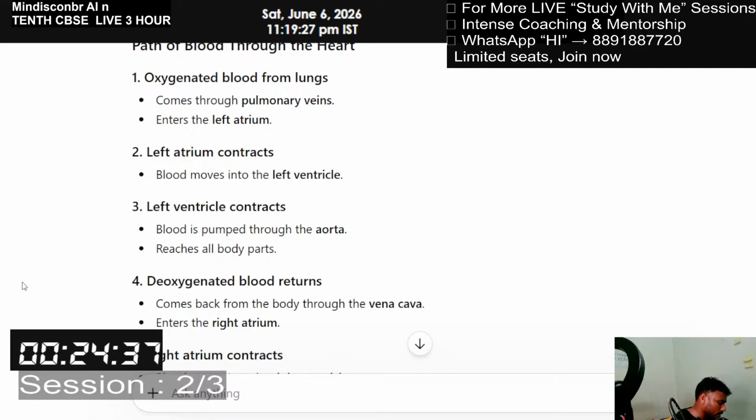It comes to the vena cava, and first it reaches the right atrium, then it reaches the right ventricle, and the right ventricle contracts, and as a result the blood flows through the pulmonary arteries to the lungs for oxygenation, because it is deoxygenated blood that has to remove the carbon dioxide and get oxygen. That's why it will convert to oxygenated blood in the lungs.